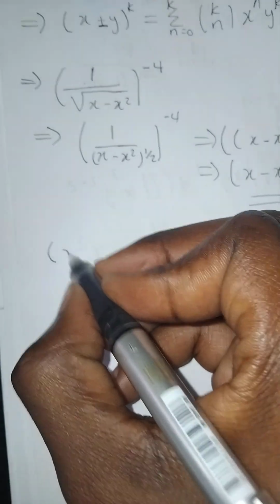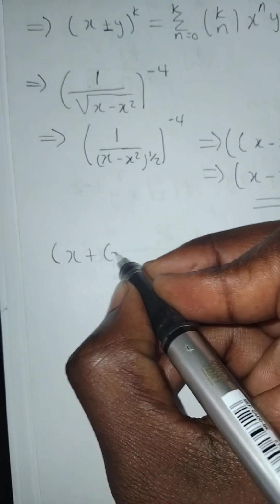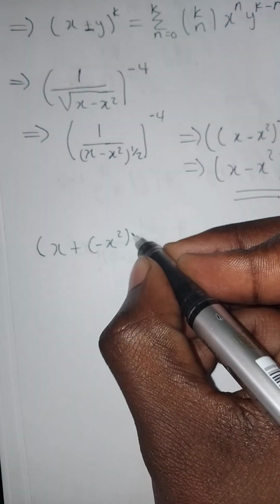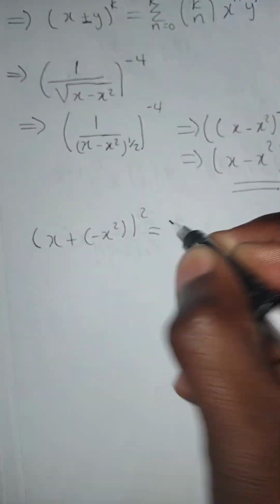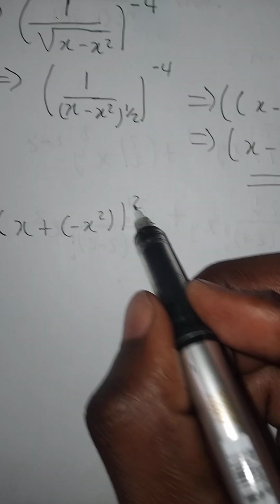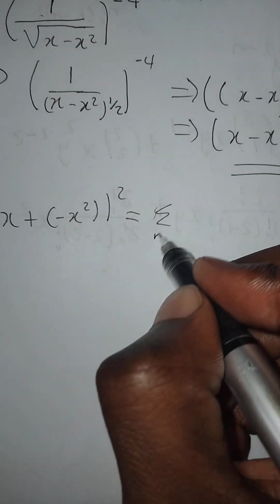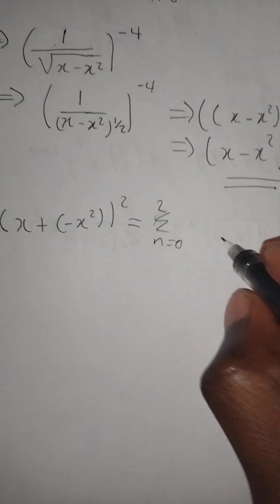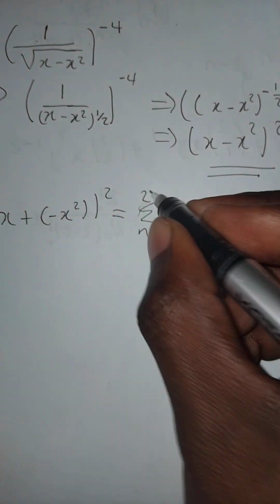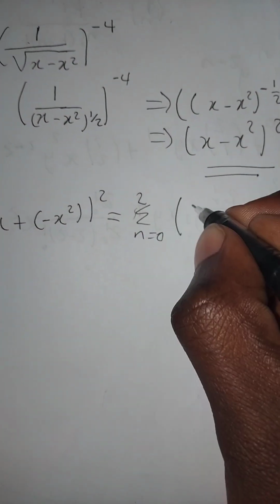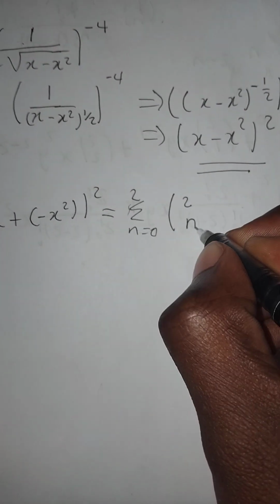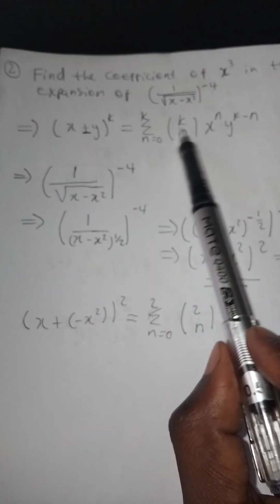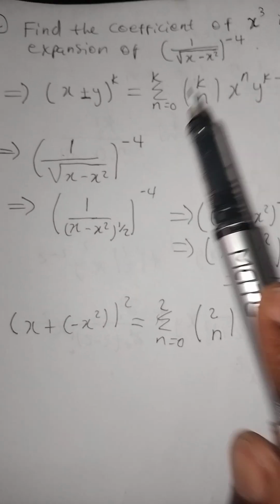So what we have there is x plus minus x squared, to the power 2. If we apply the binomial theorem, our k is 2. So the summation from n equals 0 up to 2, then k is 2, so we plug 2 into the combination, 2 choose n.